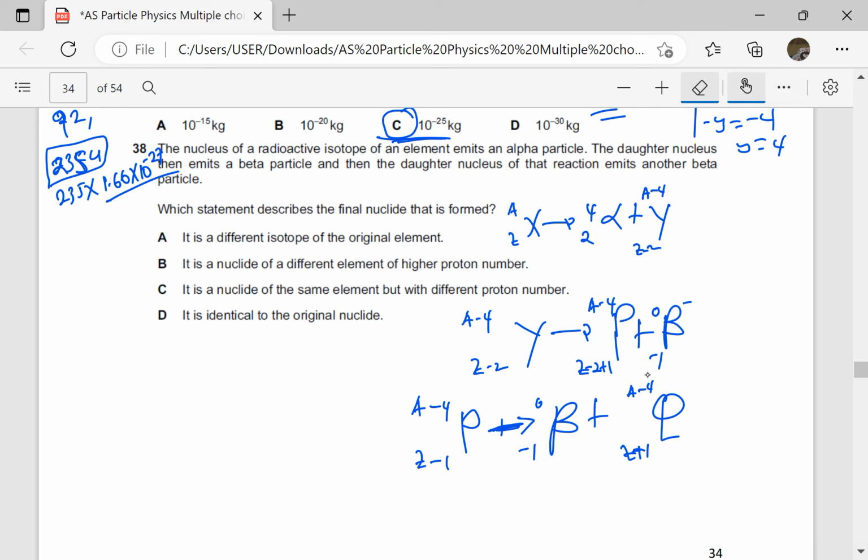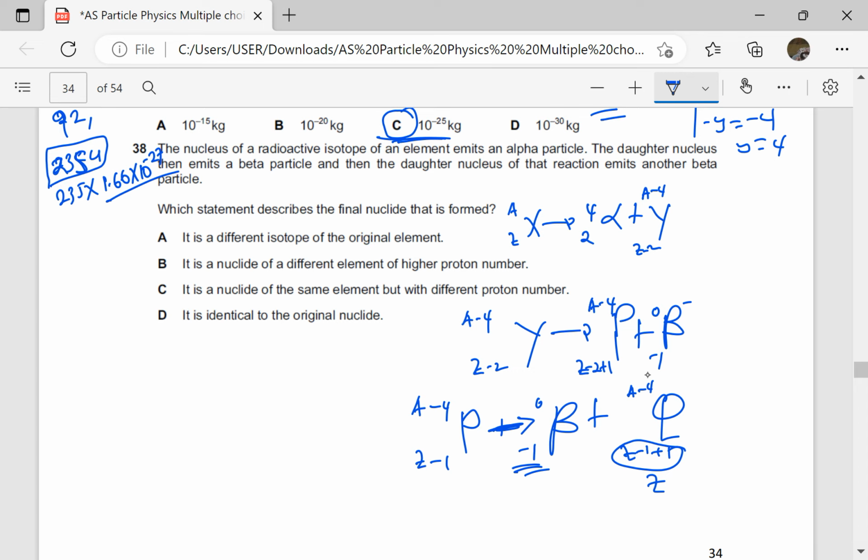So that we go back to Z. The proton number was initially Z minus 1, but because it has emitted a beta minus, this becomes plus 1, which takes us back to Z. So it is an isotope.